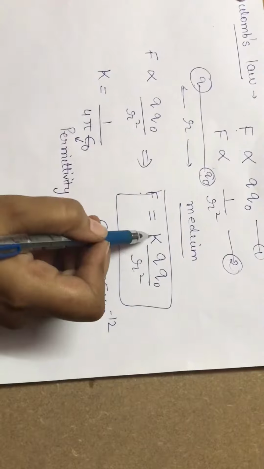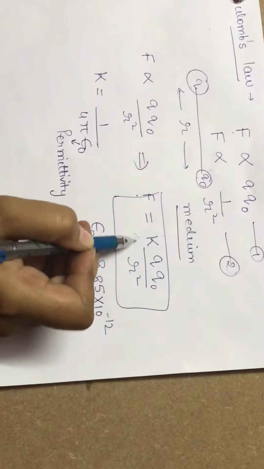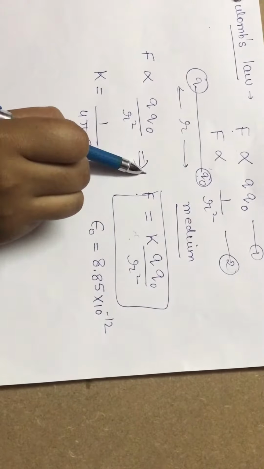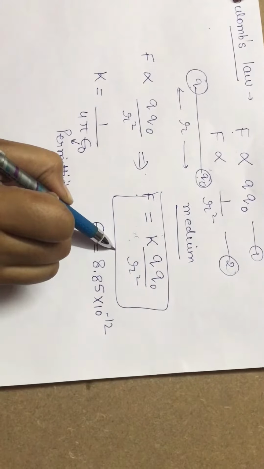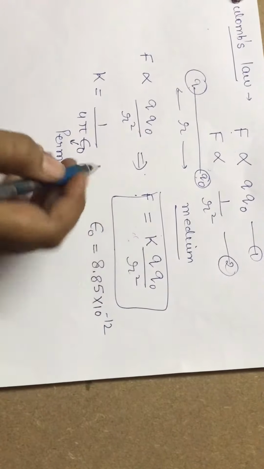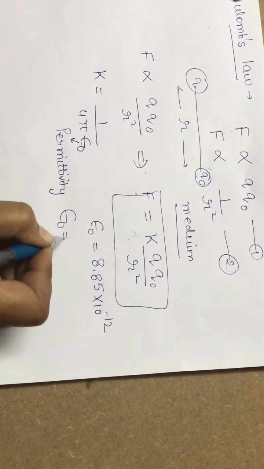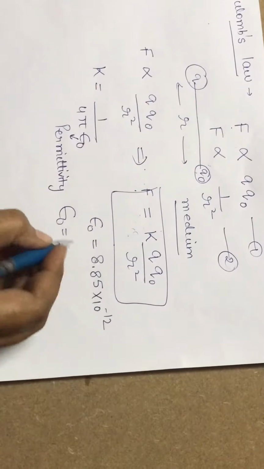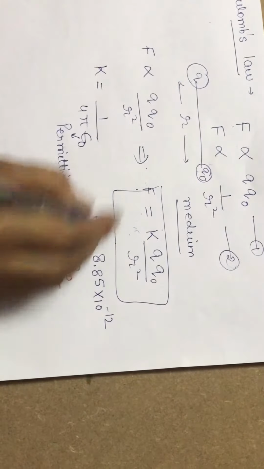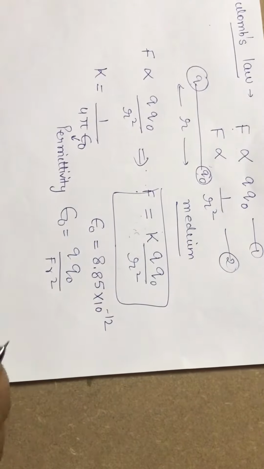If you equate this 1 by 4 pi epsilon naught, and take epsilon naught to the left and F to the right side, what will be the units? So epsilon naught becomes Q Q naught by F R square, right?